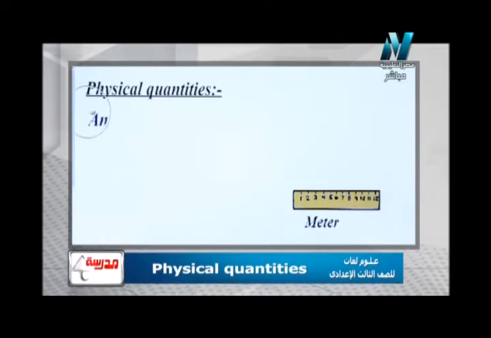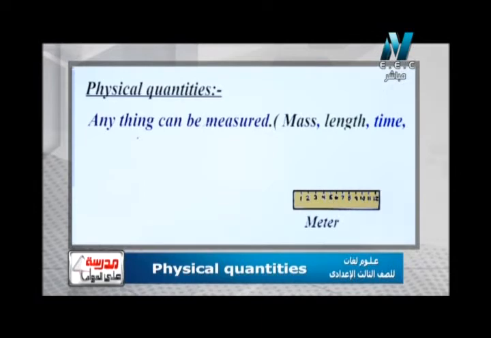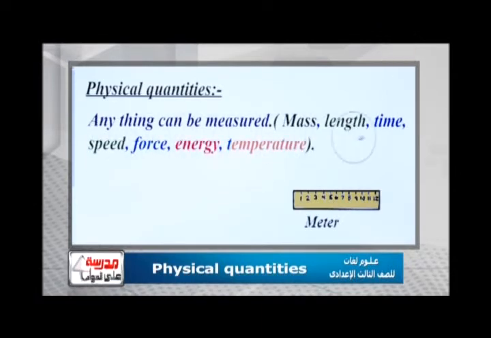We define physical quantities as anything that can be measured, such as mass, length, time, speed, force, energy, temperature, and so on. Generally, the definition of physical quantities is anything that can be measured.